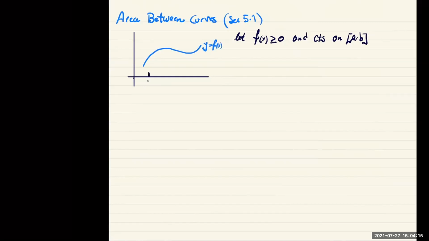Here is a, here is b, and the goal is to find this area here. And again, this area is the definite integral of the function using Riemann sums.